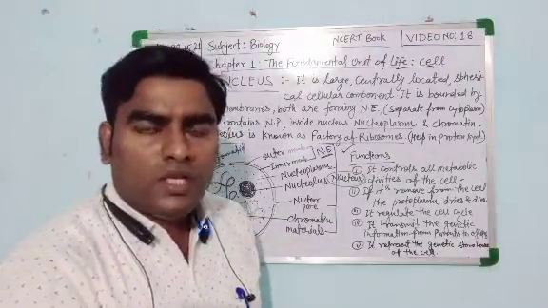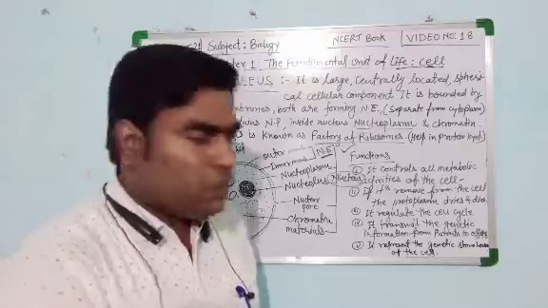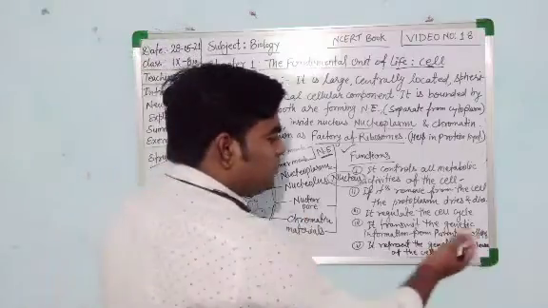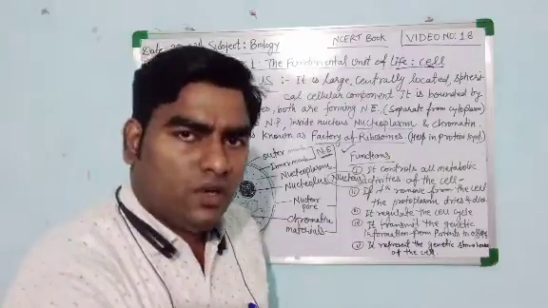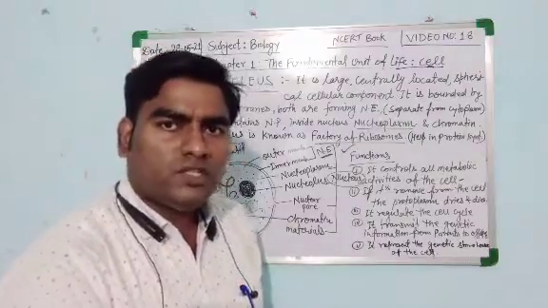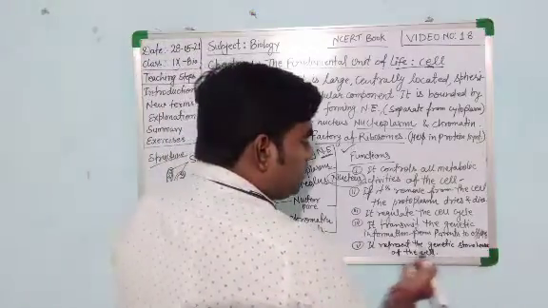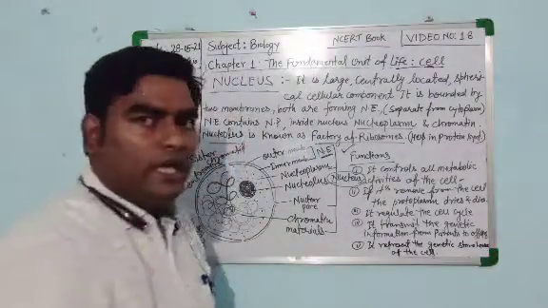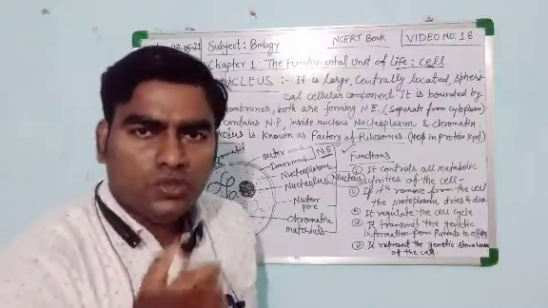Nucleus contains the chromatin material or chromosome or DNA which helps to transmit the genetic information from parents to offspring, from one generation to another, and it represents the genetic storehouse of the cell. Hence we represent nucleus as the genetic storehouse of the cell.